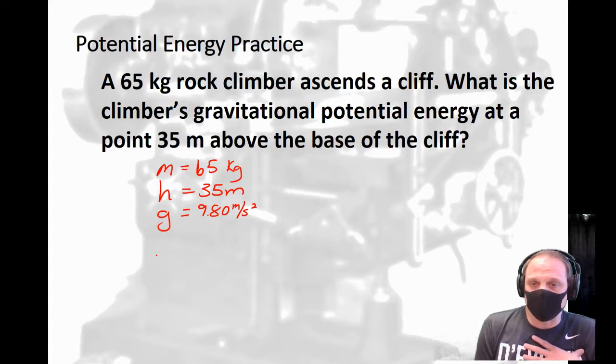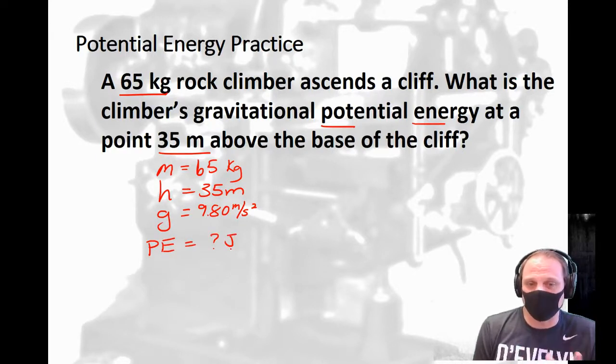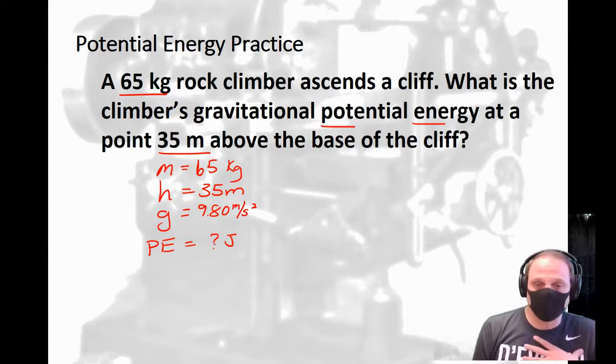And then it says that we're looking for our potential energy, right? So PE equals question mark number of joules. Now this is what you'd have for given. You need all of that in order to get the 1 point for given. And that includes your units, right?